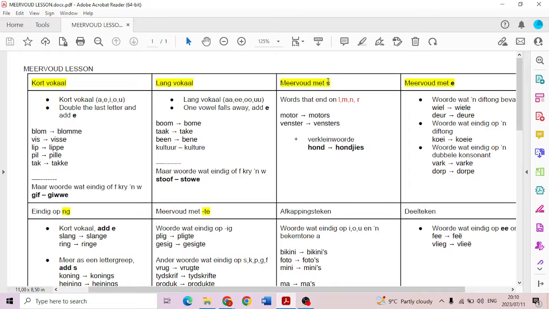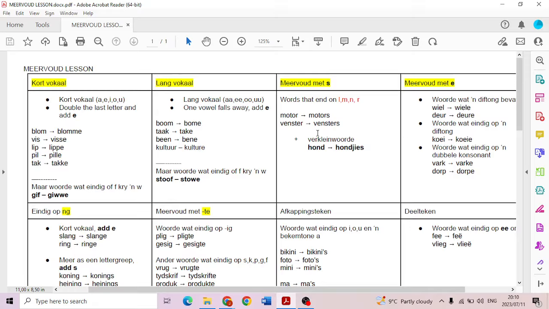Then the next one is meervoud met S. So what happens with meervoud met S? Typically, it's words that end on L, M, N, and R, and words such as motor will become motors, venster will become vensters. And I want to emphasize here that it's typically words like these, which means that you have to eliminate all these other rules for this to apply.